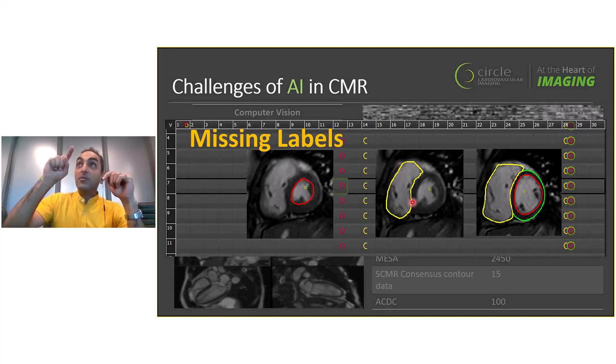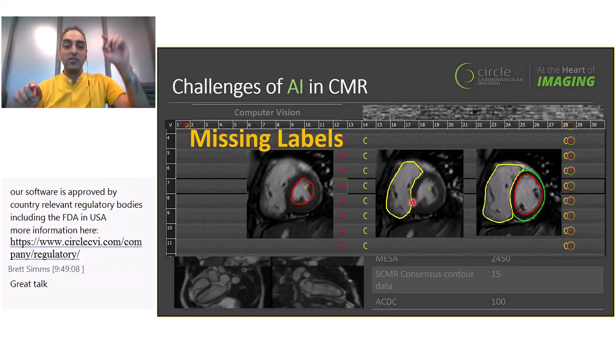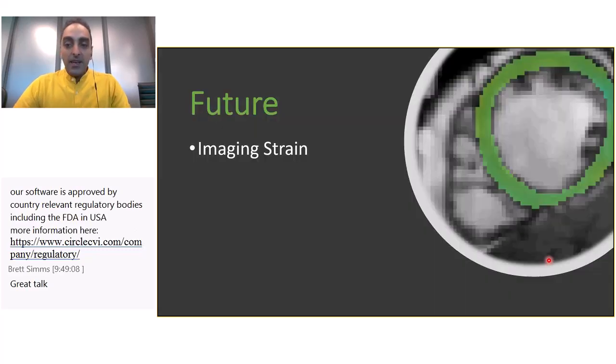The volume is at its peak during the end diastolic and systolic phase, but the speed at which it's contracting and expanding has slowed down there, so there are fewer motion artifacts. All the images and phases in between tend to have more blurring and more motion artifacts compared to the rest. So all of these challenges are there, and these are the problems that we're dealing with on a regular basis.